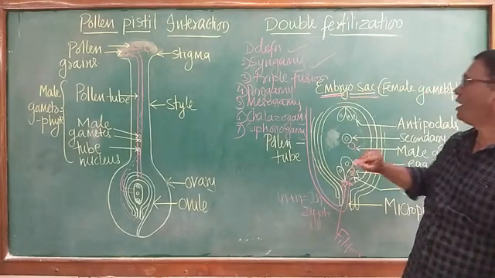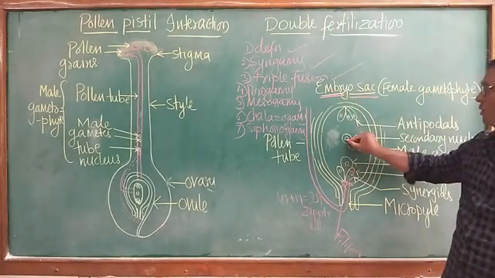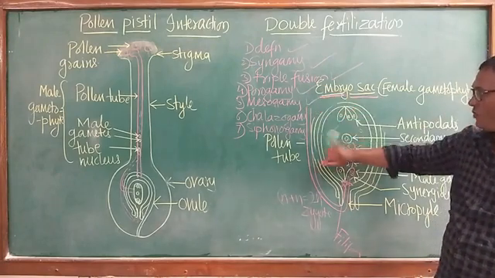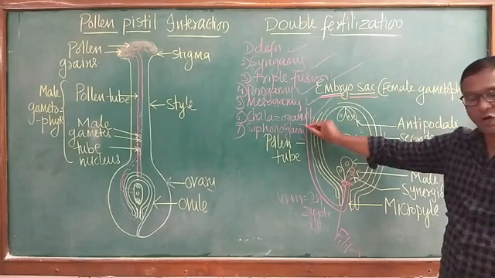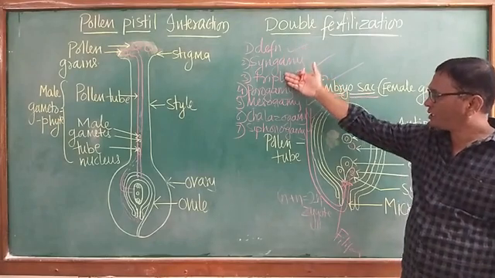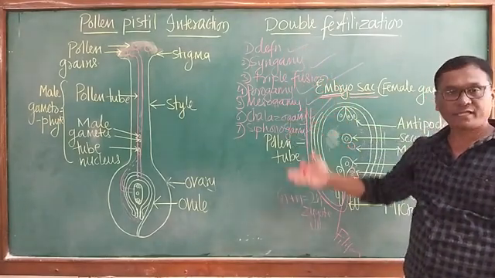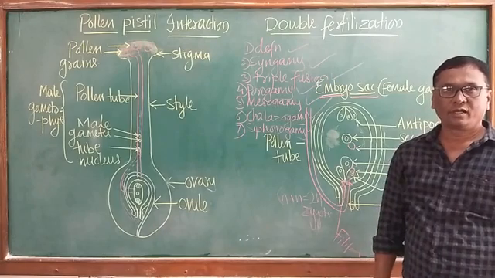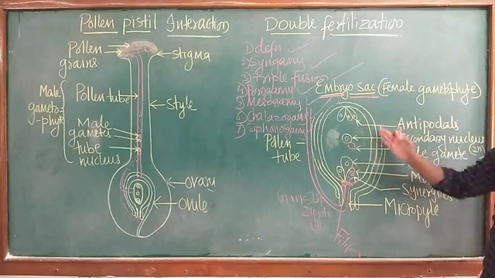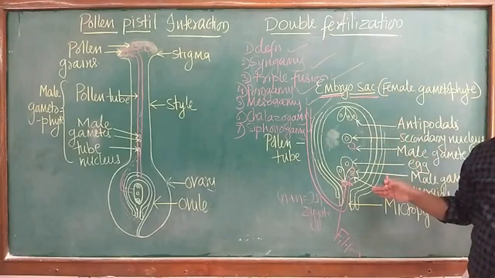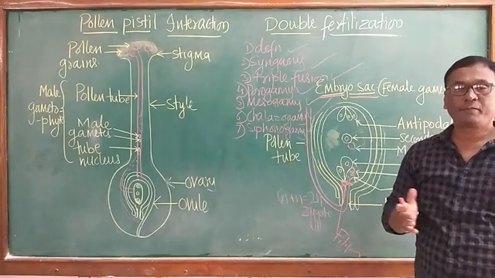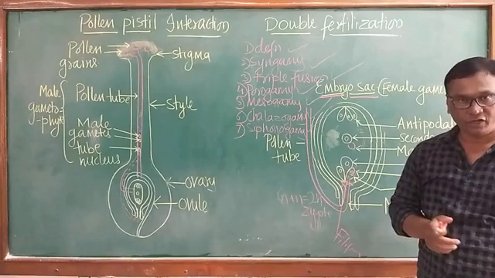Then the word syngamy, then the definition of triple fusion, then what is porogamy, what is mesogamy, what is chalazogamy, what is siphonogamy. When we write sentences for all these seven different words, we can describe the entire process of double fertilization in angiosperms. And depending on these words, we can also explain the significance of double fertilization.